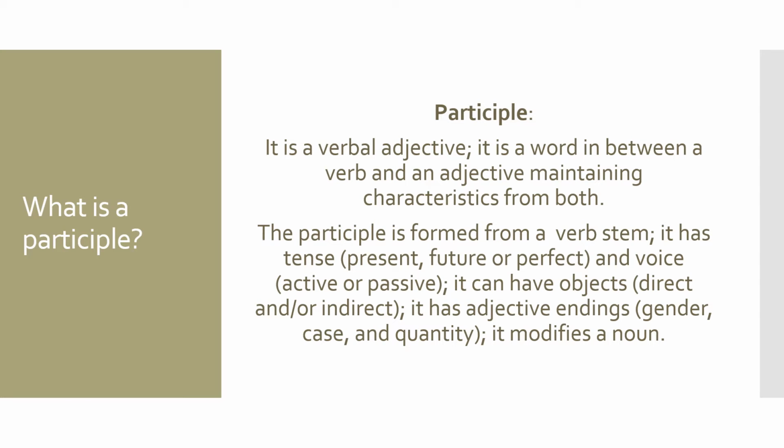As a verb, you'll have tense and voice. It can also have objects, indirect or direct. And as an adjective, it will of course modify a noun, but it will therefore also have case, quantity, and gender.